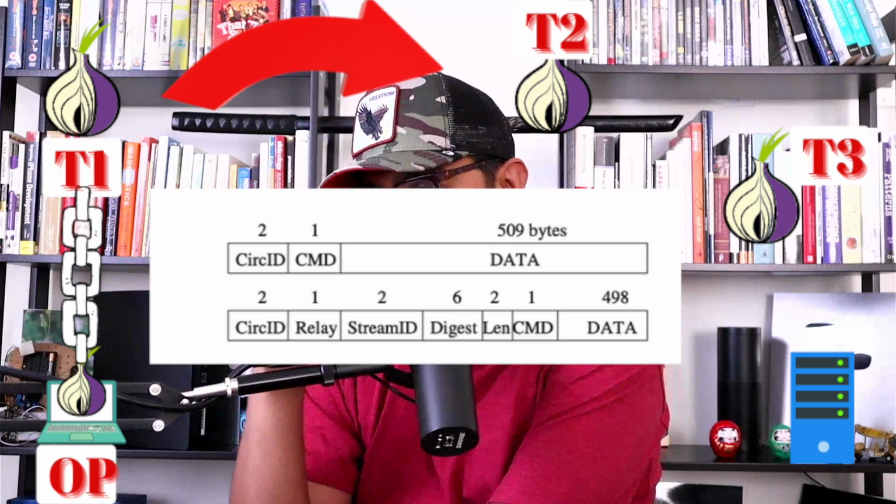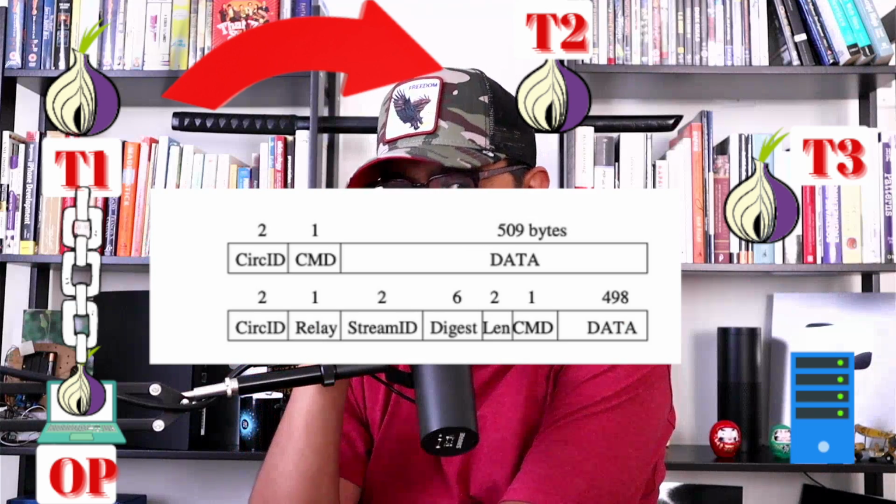So the way we do this now, using the key that we have established between us, the client, and T1, the first entry node, we then create another circuit request called a relay extend request, right? And all of this is happening through the underlying structure of the Tor cells. Well, they call it the cell headers. They have special headers.